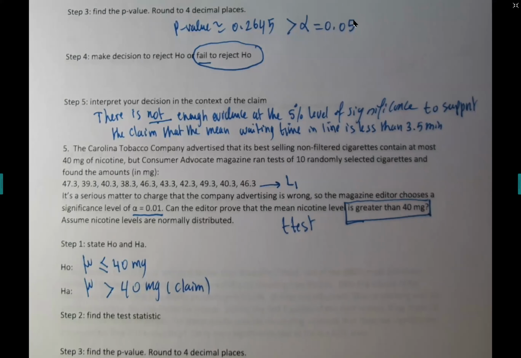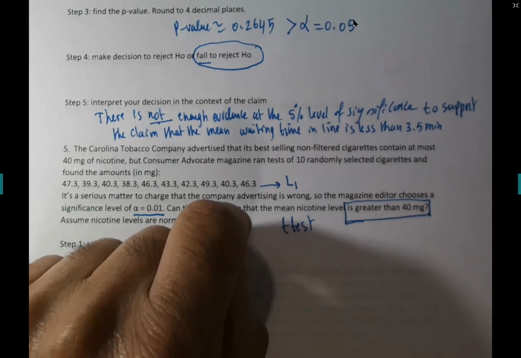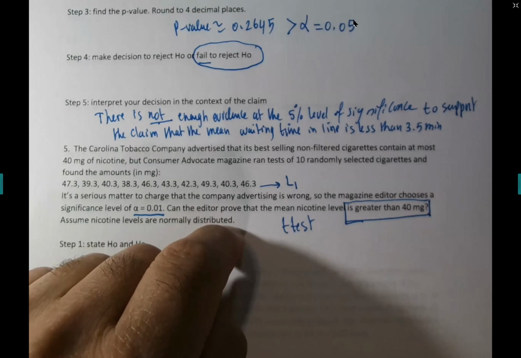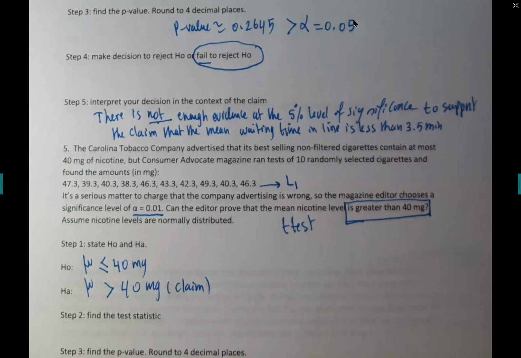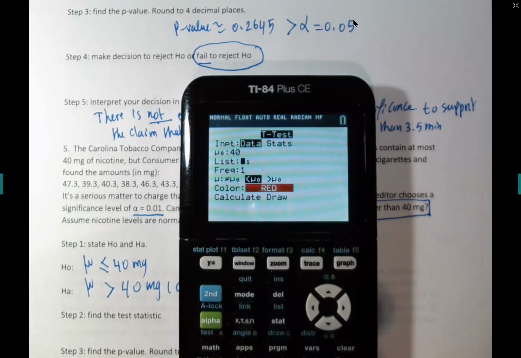There was a question in the homework in section 7.2 where he gives you a data set, but he mentions within the problem itself that we know the population standard deviation is given. Yeah, the one with like 30 data entries. Exactly. That's the one. So you're right. But if he doesn't mention it, automatically it's a t-test.